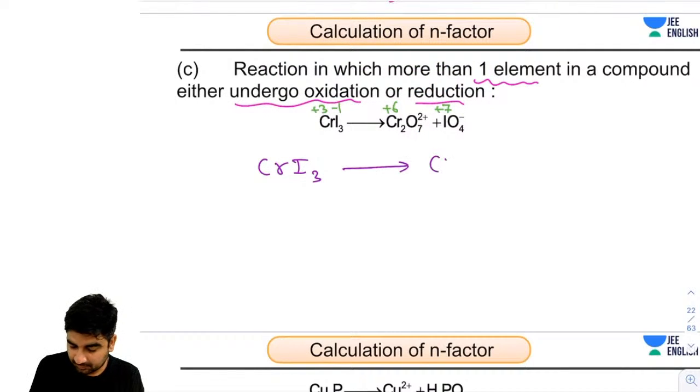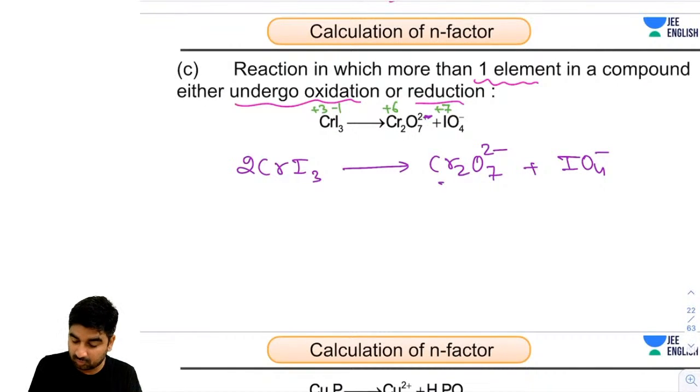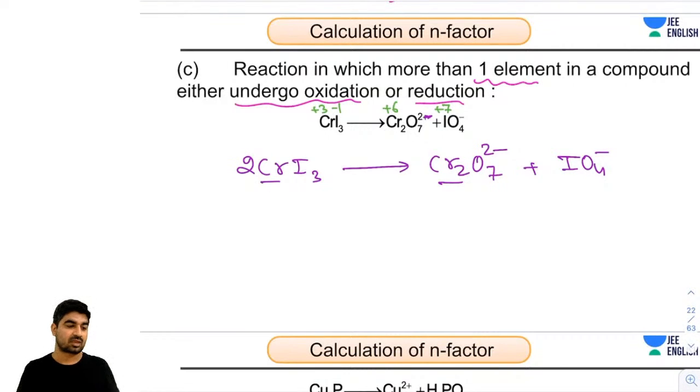CrI3, Cr2O7 2 minus, and IO4 minus. So chromium is balanced now.